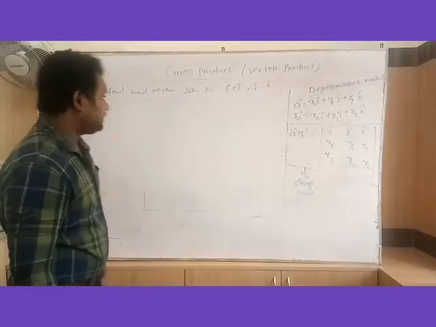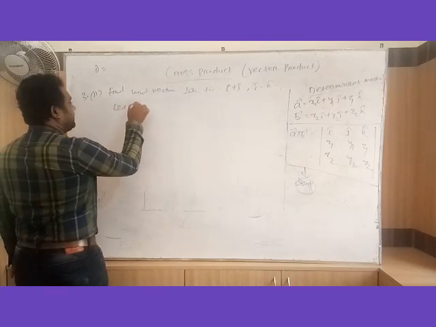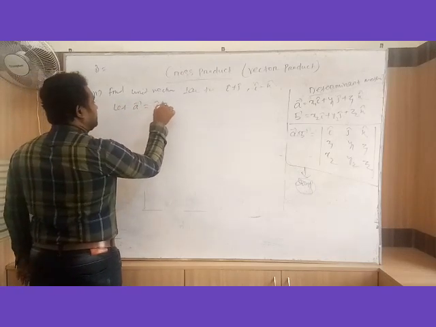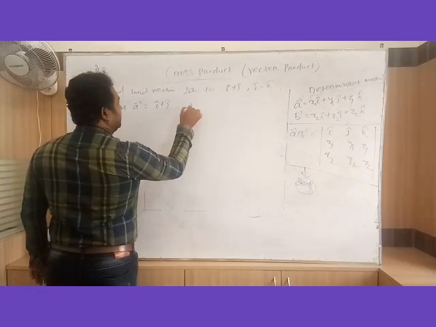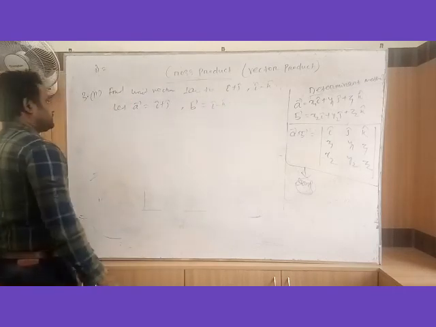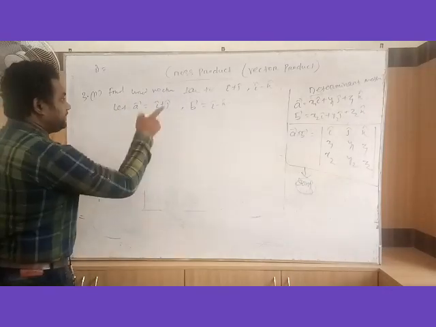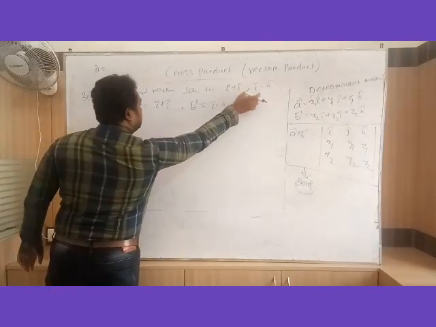So first, let vector A equal i cap plus j cap and vector B equal i cap minus k cap. We have to find the unit vector perpendicular to vector A and vector B.